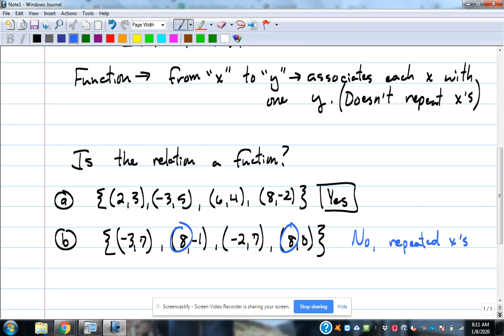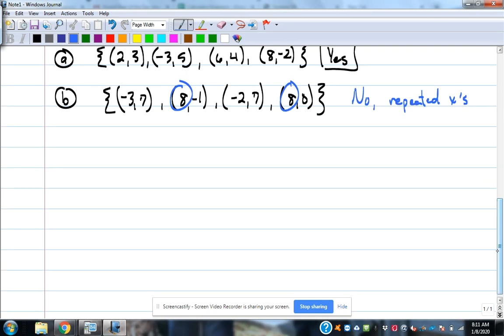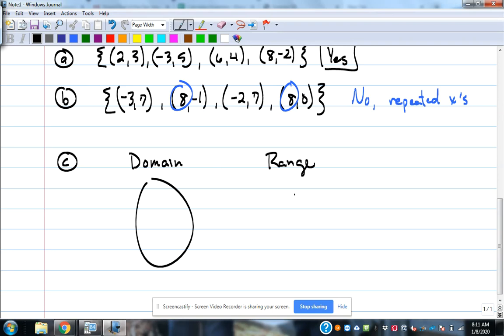All right. So relations can be represented as sets of ordered pairs. They can also be represented in what's called a mapping. And a mapping has a domain bubble and a range bubble. And they'll have some numbers in those: 3, 5, 7, and -2, 6. And the mapping is just they draw arrows to create the ordered pairs.